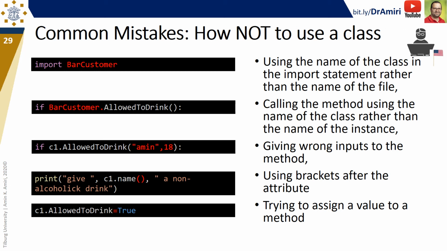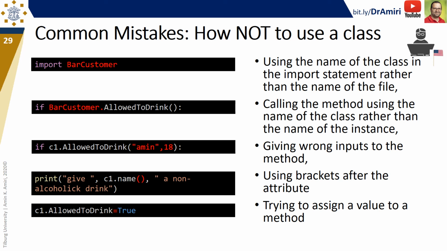Another issue in using classes is that students wrongly provide the name or the age or both of them as inputs. We know that the Dutch programmer developed the code in a way that it doesn't require any arguments, and Amin and 40 are already stored inside C1.